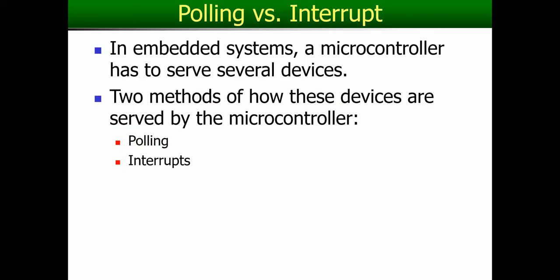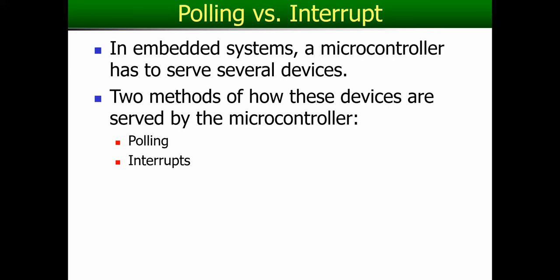So this is it. Polling, what is polling? You saw an example of polling in the last lecture when the timer flag was not high. We were in a while loop, and that while loop was just waiting for the flag to get high. That method is called polling.